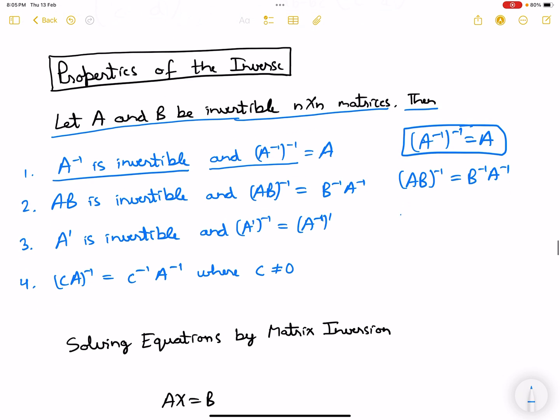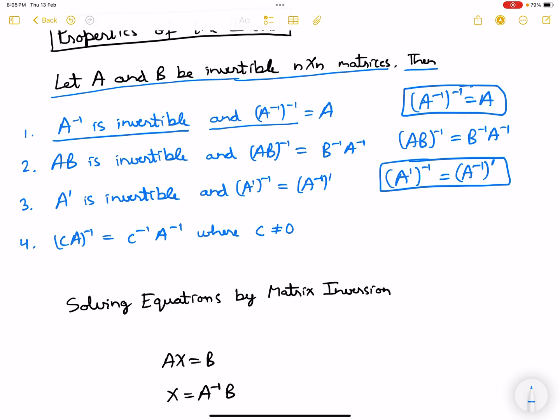And if A is invertible, then A transpose is also invertible, and the inverse of A transpose would be the transpose of the inverse of A. So these are the basic properties only. If C is any real number, then the inverse of C times A matrix would be C inverse A inverse. C should not be 0 because then it would be 1 upon 0, which won't be defined.